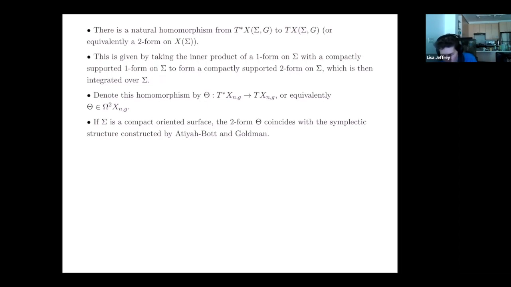We can denote this homomorphism by capital theta. Equivalently, you think of theta as a 2 form on X. If sigma is a compact oriented surface, then the 2 form theta coincides with the symplectic structure constructed by Atiyah and Goldman, which I mentioned already. Any questions to this point?